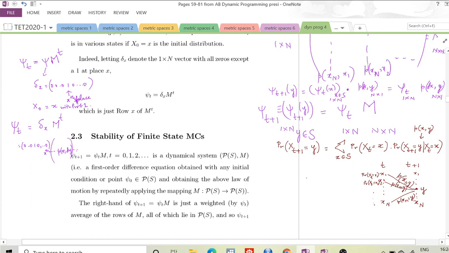And then using our notation that c_{t+1} is a 1 by n matrix that captures the marginal distribution at time t+1, this is the probability number sitting in the yth place of the 1 by n matrix c_{t+1}.